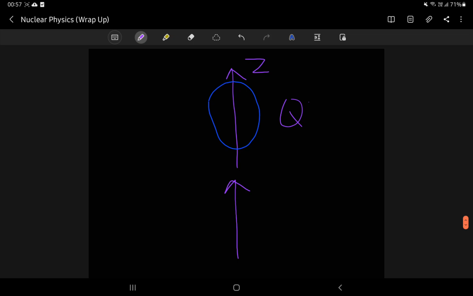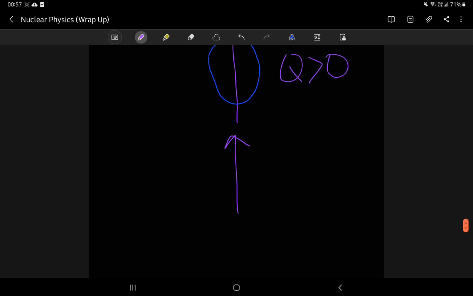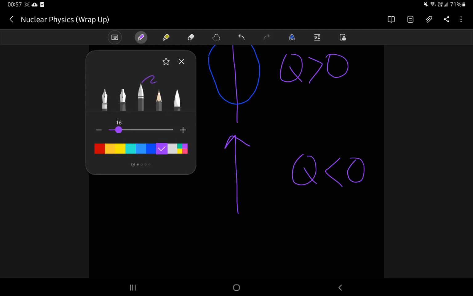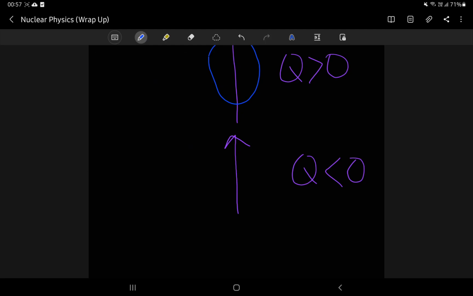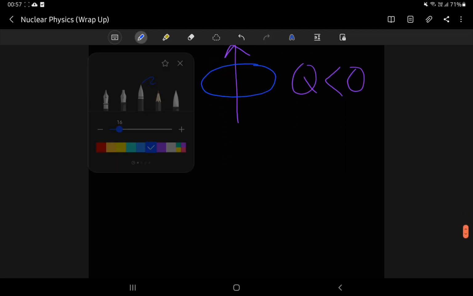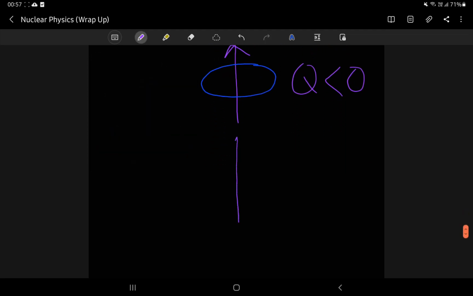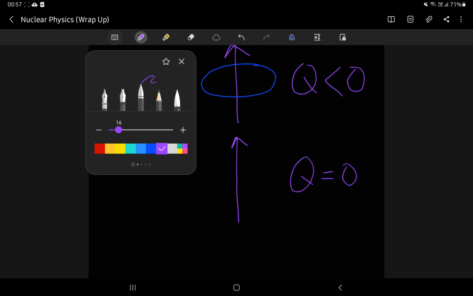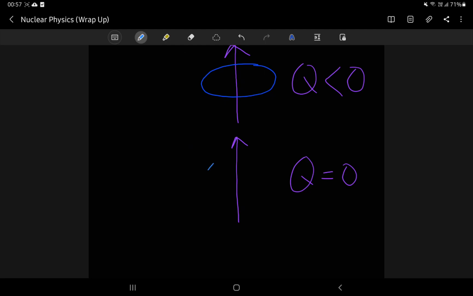When Q is smaller than 0, which is b smaller than a, the shape will be like this, which is oblate. But if Q equals 0, the shape is a perfect sphere.